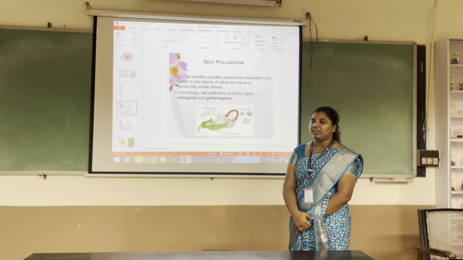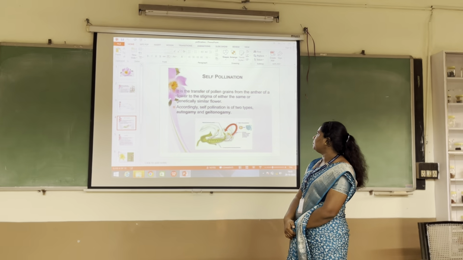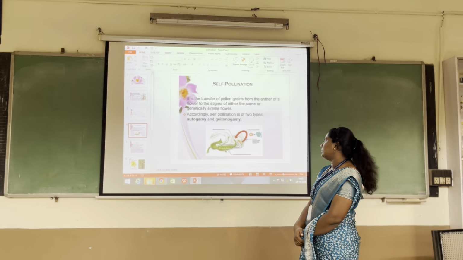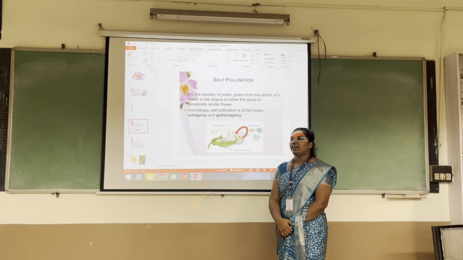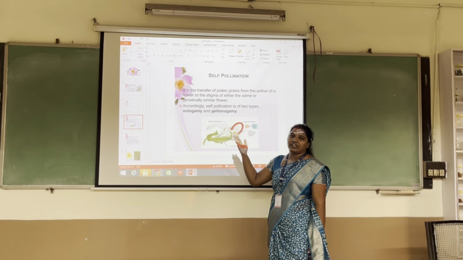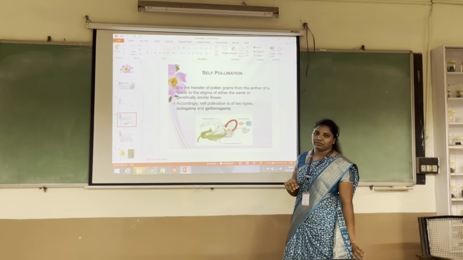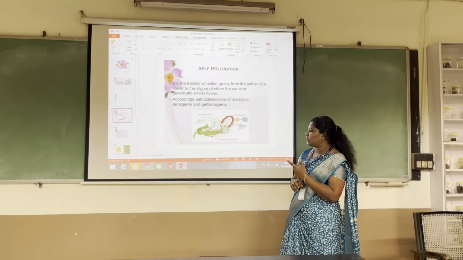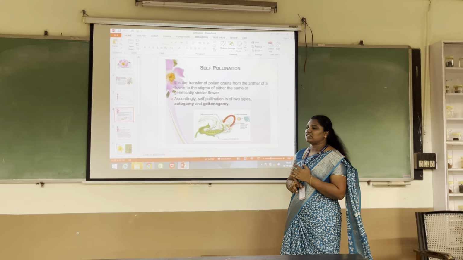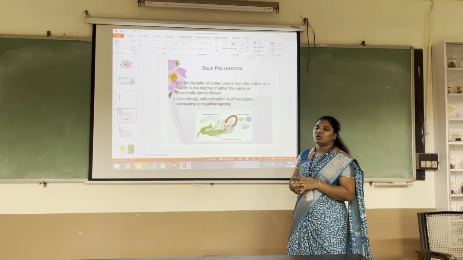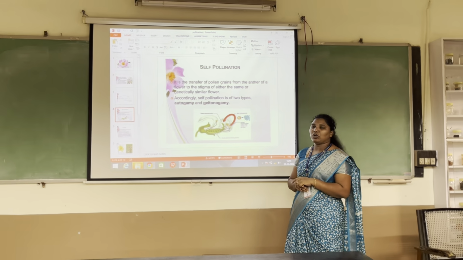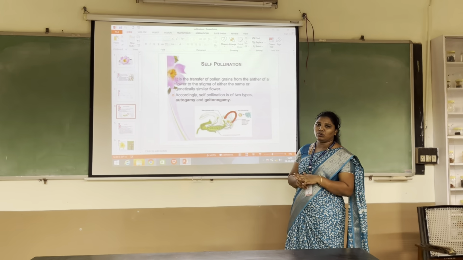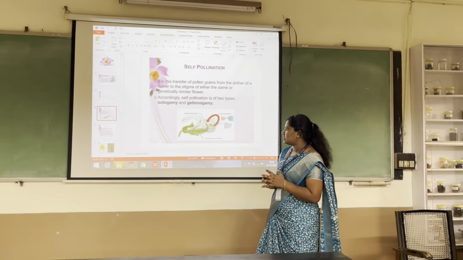Now let us learn what self-pollination is in detail. It is the transfer of pollen grains from the anther of a flower to the stigma of either the same or a genetically similar flower. It means the flowers of two individual plants must have the same genetic appearance, or the flowers belonging to the same plant should show the same genetic characters.